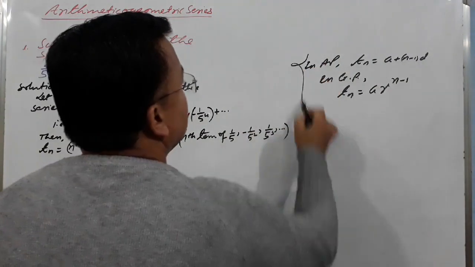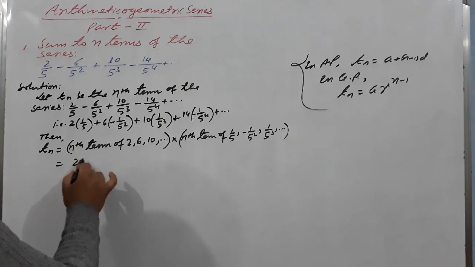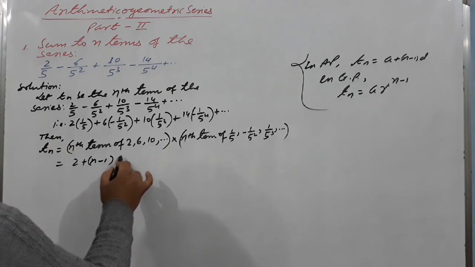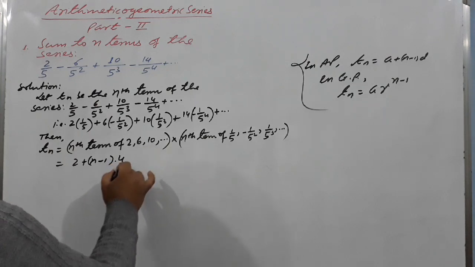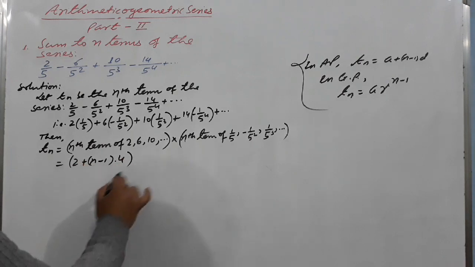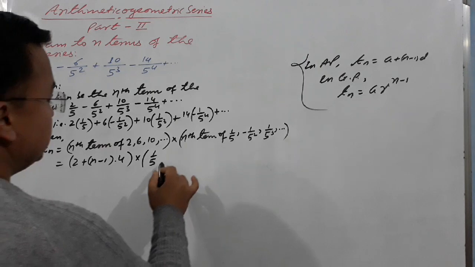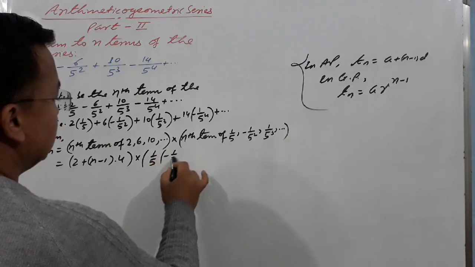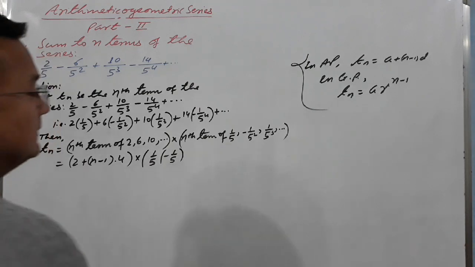We'll use these two formulas here. 2 plus n minus 1 times d. The common difference: 6 minus 2 is 4, 10 minus 6 is 4. So 4 times 1/5 the first term, and the common ratio is minus 1/5, negative 1/5.